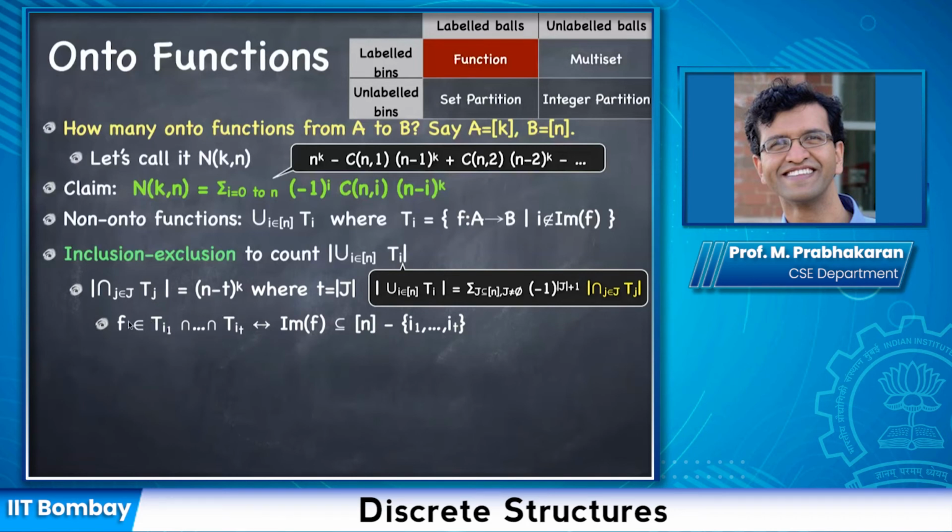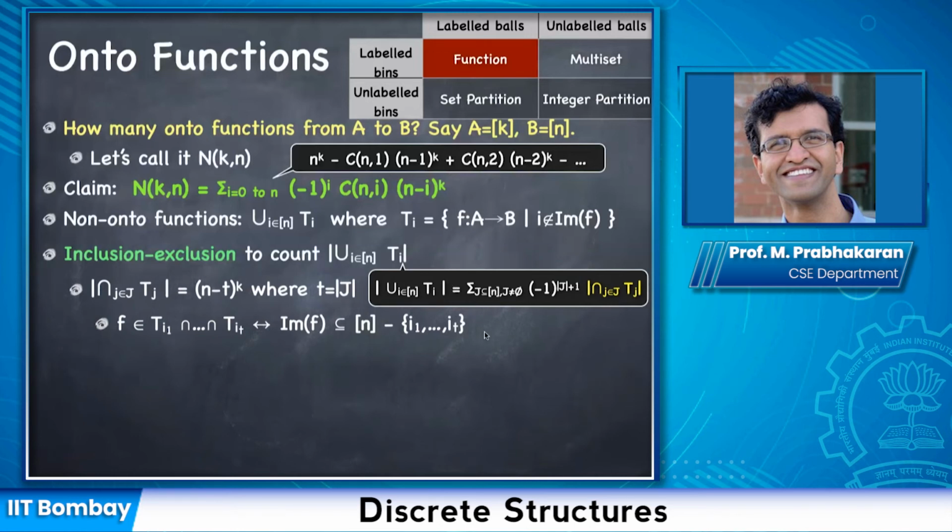So the set of functions that fall into this intersection is exactly the set of functions whose image is in this set of size n minus t. We are talking about all functions from A to B, but only those whose images sit inside this particular set of size n minus t. That's exactly the number of functions from A to this subset of B of size n minus t.